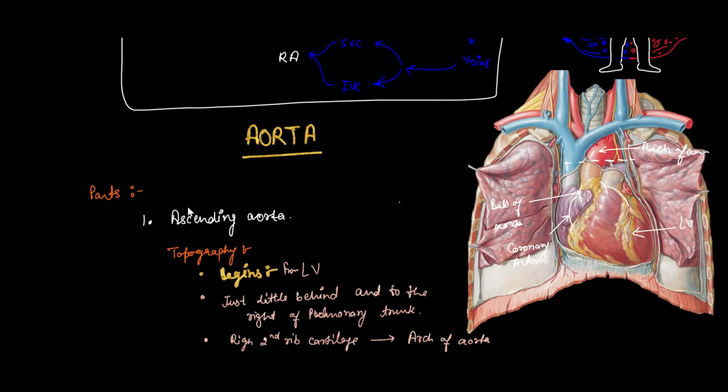So this was the first part of the aorta, which is the ascending aorta. Now let's discuss the second part of the aorta, which is the arc of aorta.